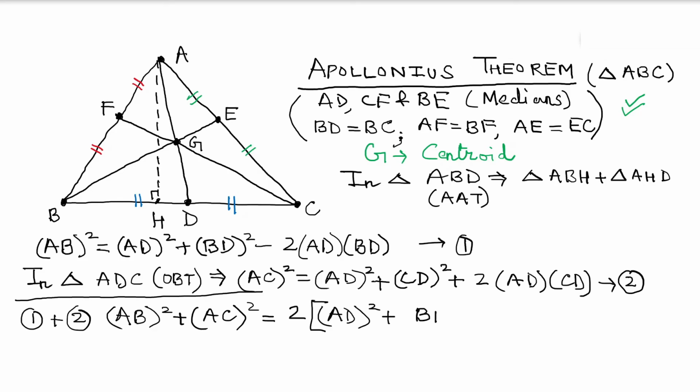Now why are we saying CD or BD whole square? Because we know that BD is equal to CD. So when we had written here, we had to write BD is equal to DC, not BC.